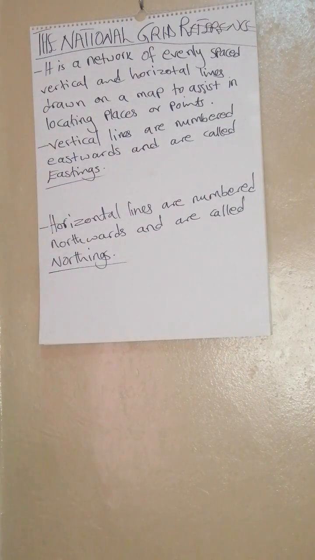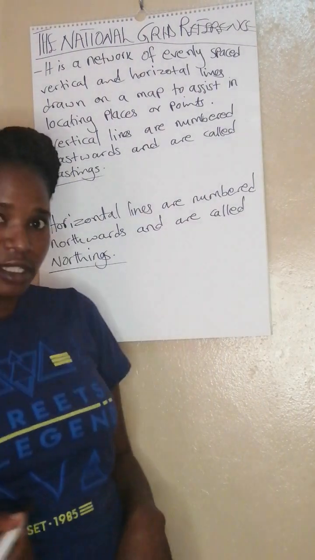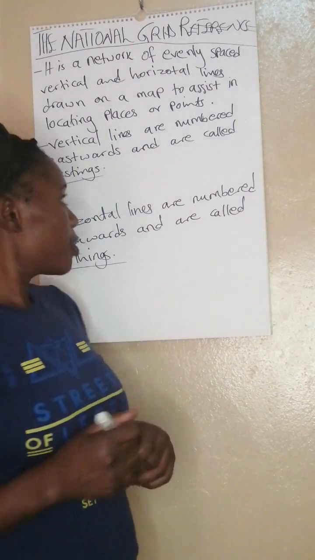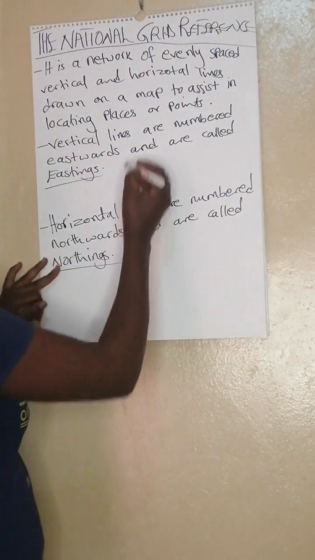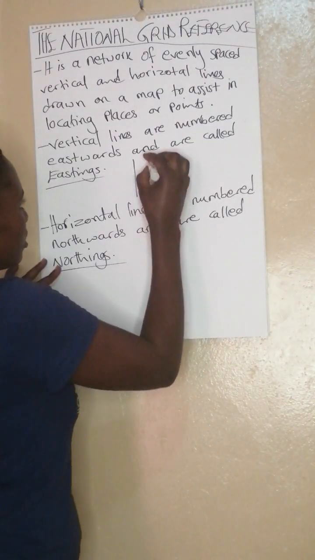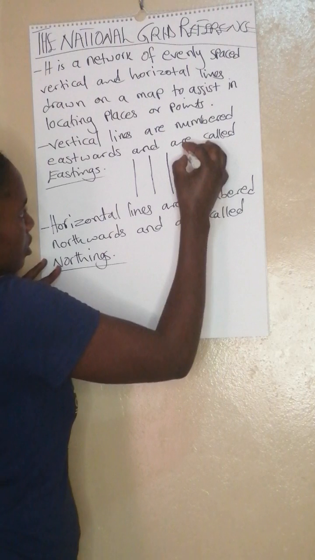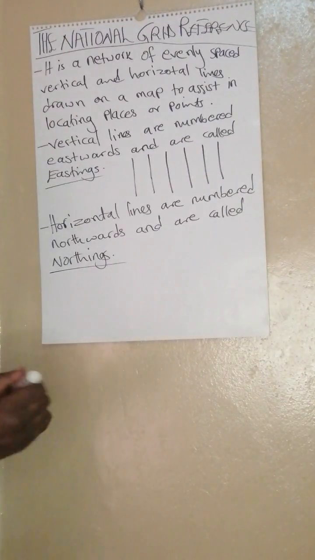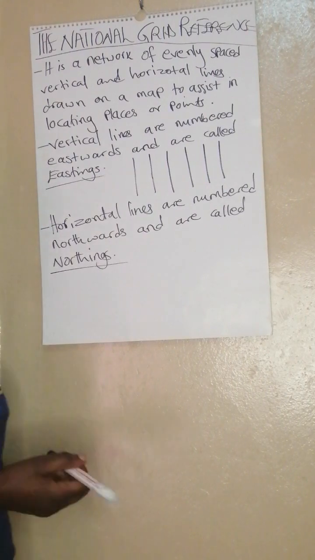Now, the vertical lines are numbered eastwards and are called eastings. What we mean by that is that on the map you find vertical lines drawn like this, and each of these lines has a number.